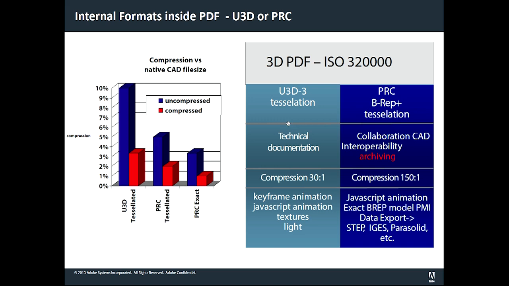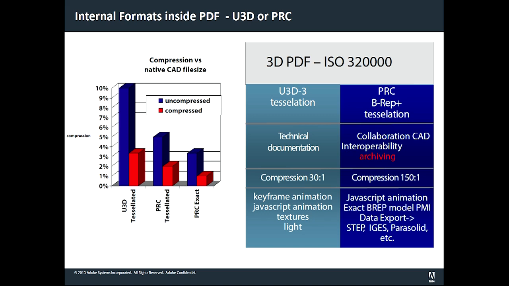It's very well usable for technical documentation, and the file comes with keyframe animation, so the animation is stored inside the file, but you can also animate those parts with JavaScript. You can use textures and lighting. If you use a PRC file, it's mainly used for collaboration.